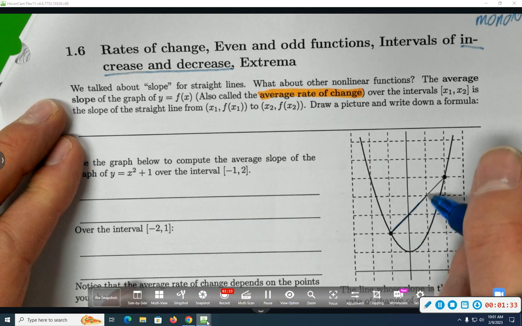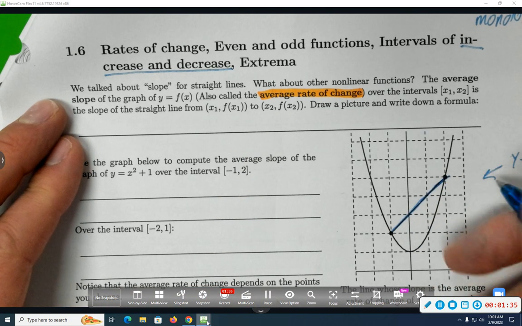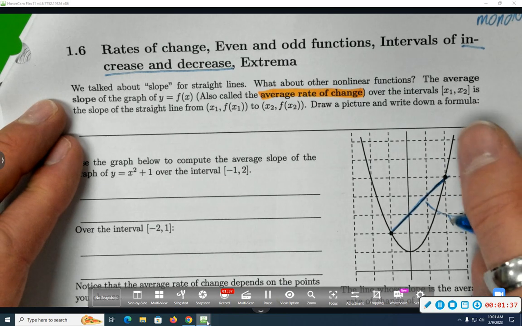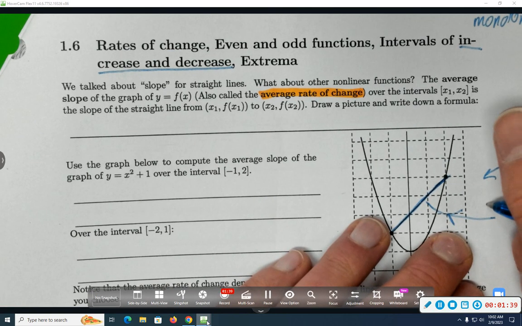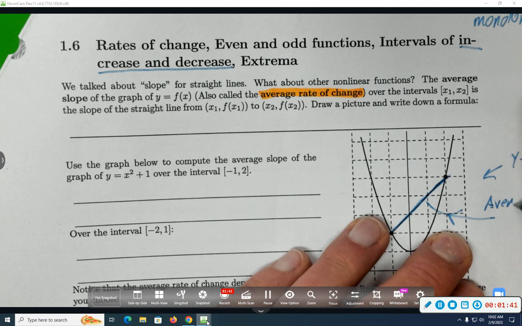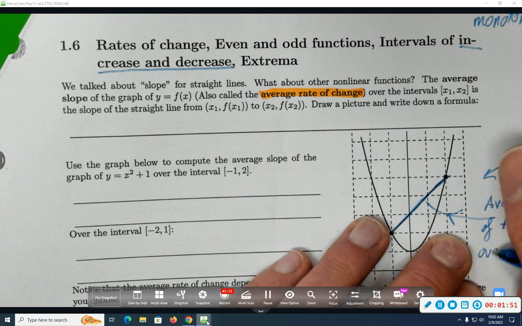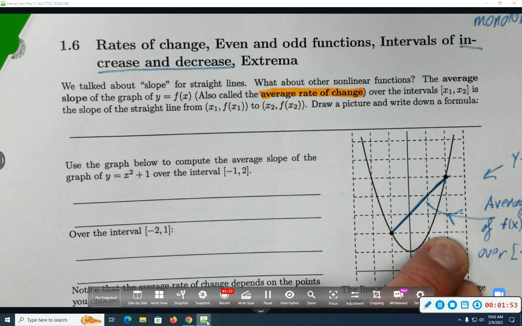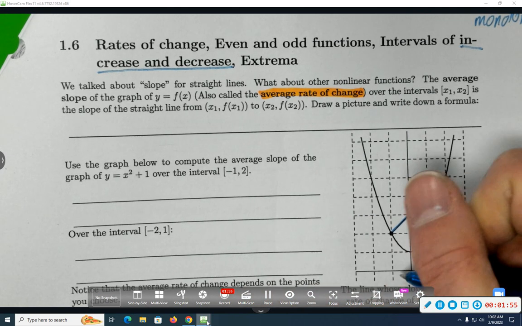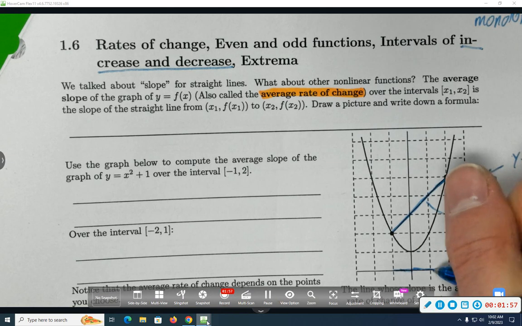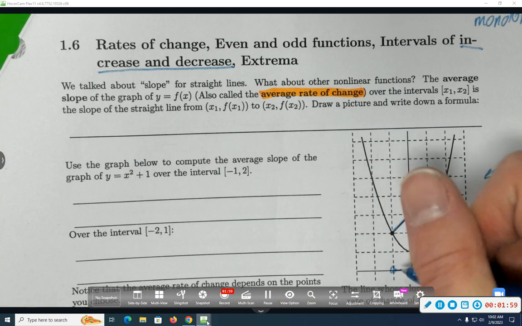So that blue line, the slope of that, is the average slope of f of x equals x squared plus 1 over the interval -1 to 2.